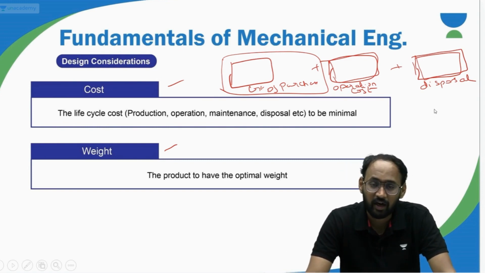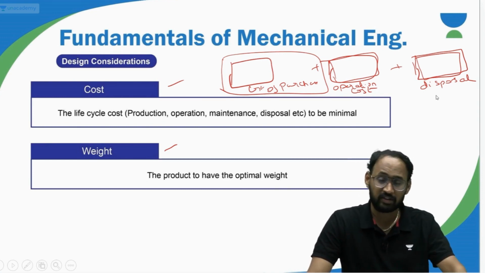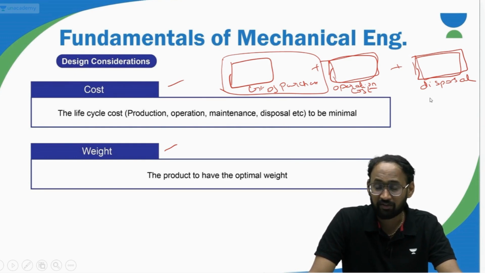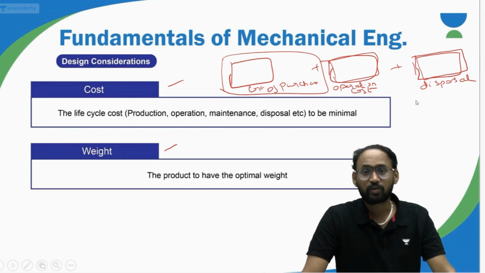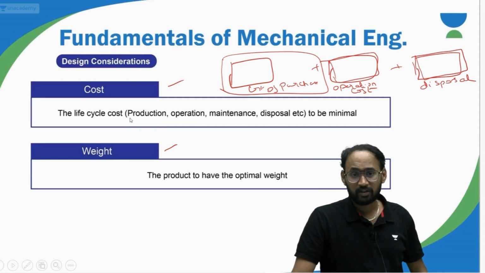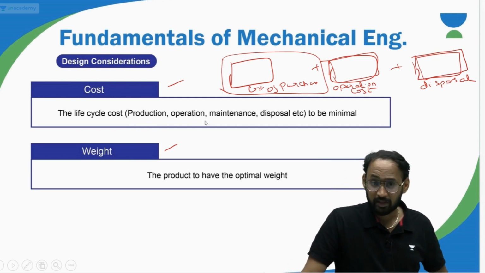If the legal usage of a bus is 20 years, just an example, how are you going to dispose the components after 20 years, or what are you going to do after the lifetime? So this is also very important. It's not only the production, it's also the operation, maintenance, and the disposal cost. So you should also think through it.